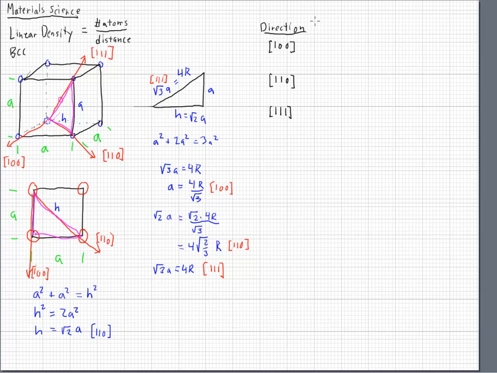And we need our distance. And we have 4r over square root of 3. And then we've got 4 square root of 2/3 times r. And this one is simply 4r. Now we need to work on the number of atoms.